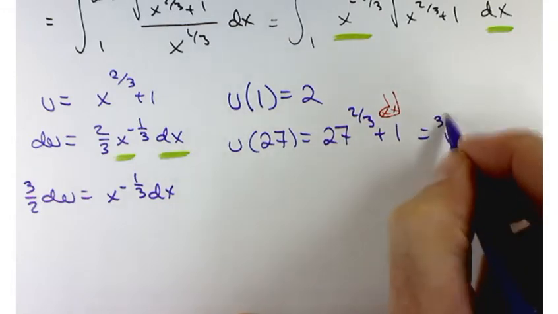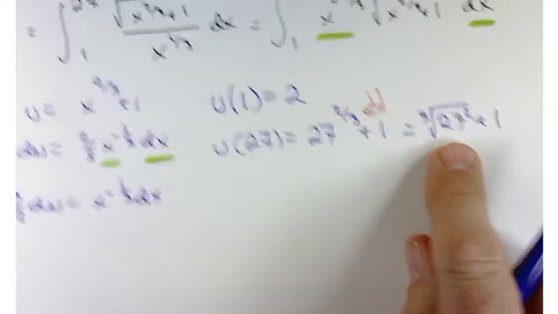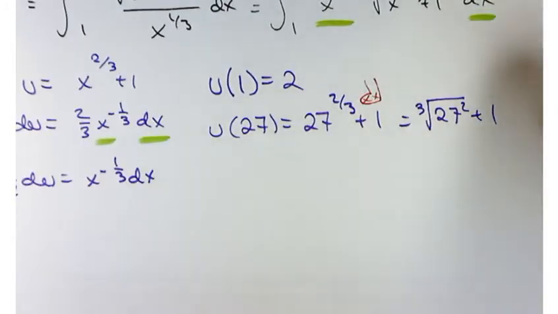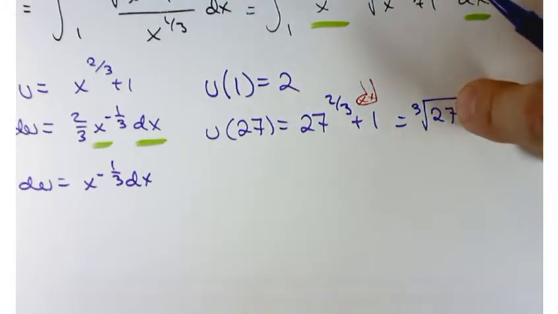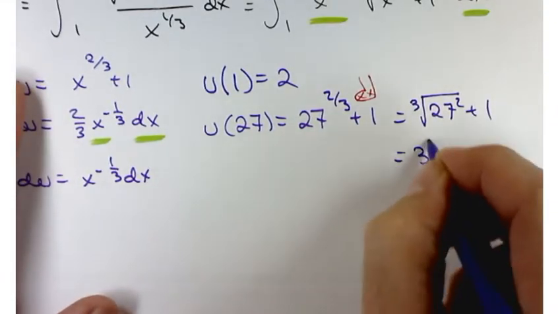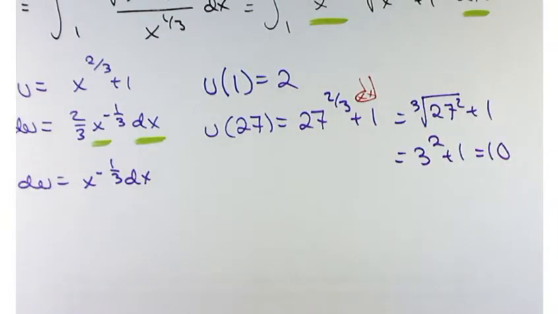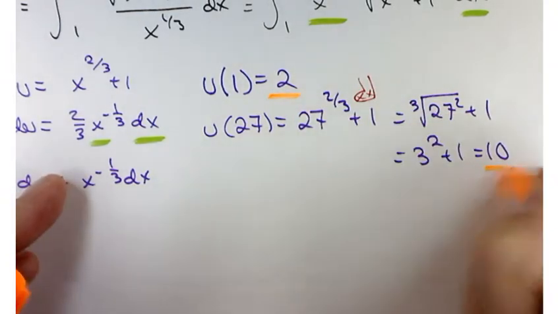You get the cube root of 27 squared. Let's do the root part first. What's the cube root of 27? 3. So that'll leave you with 3 squared plus 1, which is 10. So those are your new limits of integration. 2 and 10.